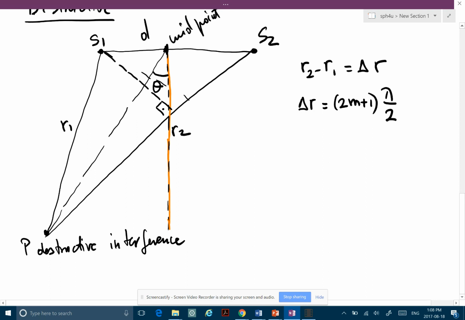Remember, the condition here is P is really far. All right, so now we'll see what relationship we'll have between the difference in path, the d, and the angle.